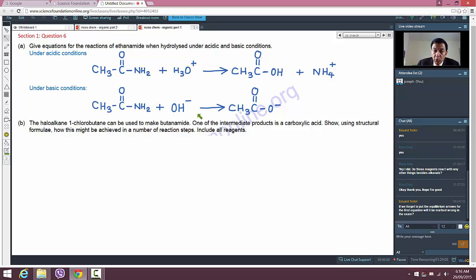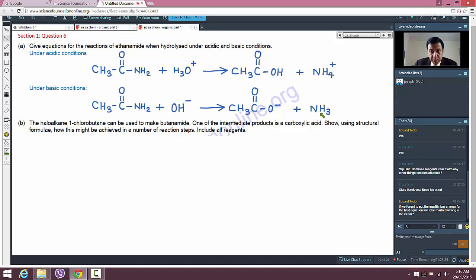CH3 C double bond O, O minus, right? The ethanoate ion. Because after breaking the amide link, you will have the free acid, which will then react with the base to produce the ethanoate ion rather than free ethanoic acid. Of course, this is under base conditions, so the NH3 will stay as NH3.